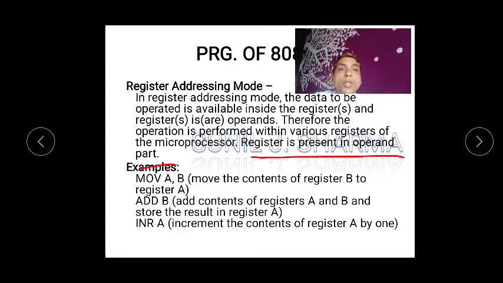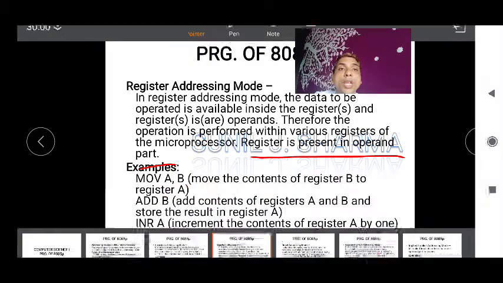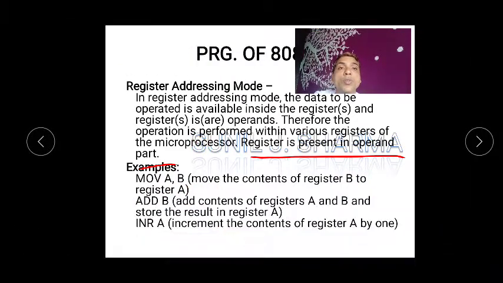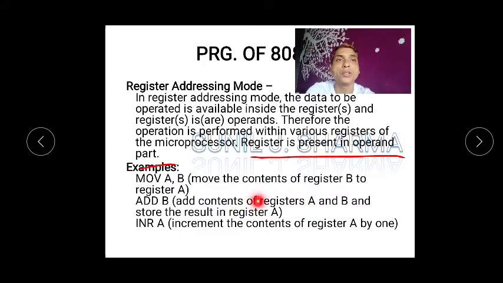So MOV A, B: the contents of the B register will be moved to the A register. Now what do you mean by ADD B? Can you see the operand part has only B? So add the contents of registers A and B and store the result in register A. We will take some more examples when we do some programming, but right now you can understand this much.